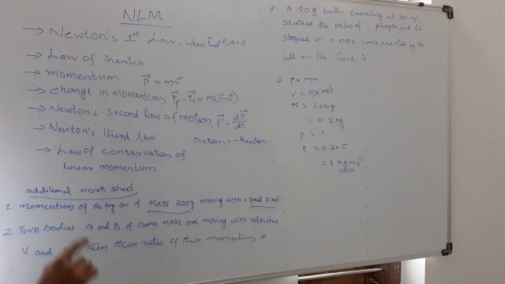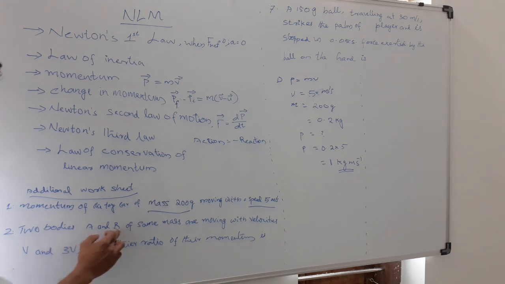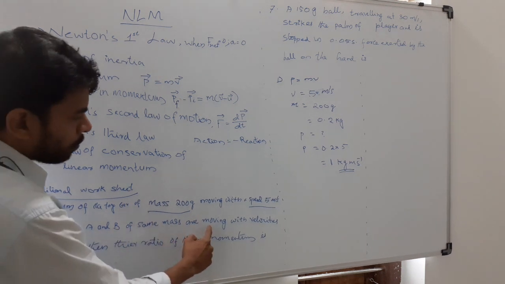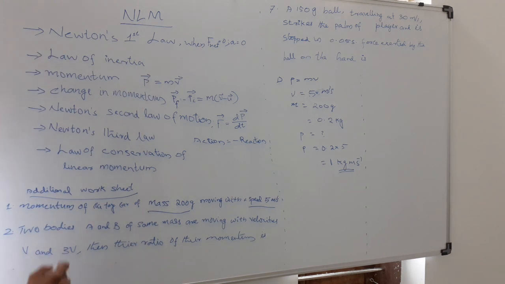Same mass means m1 is equal to m2, so we can write m1 is equal to m2 is equal to m. Now they are moving with velocities v and 3v. If v is the velocity of A, then 3v is the velocity of B.